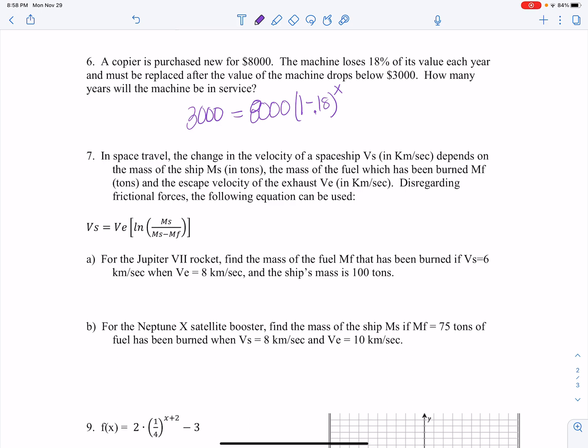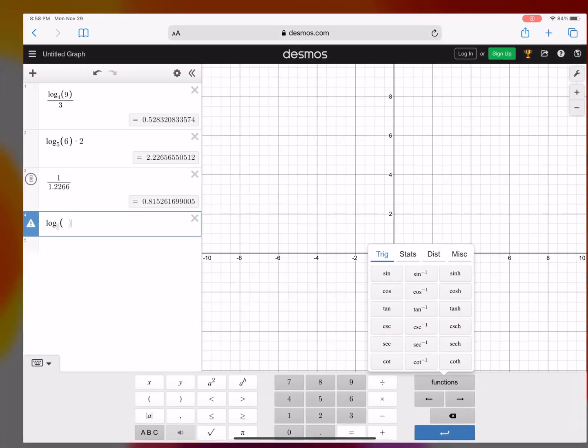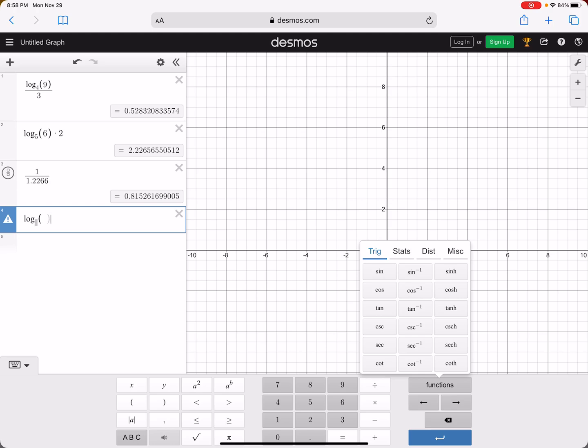Okay, and so that ended up with 0.375 equals 0.82 to the x. So that's going to be the log base 0.82 of 0.375. I'm going to have to go back to Desmos because this doesn't have ln's and that doesn't have logs. So what was it again?